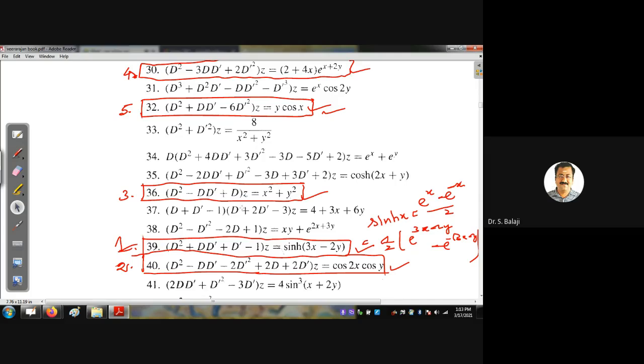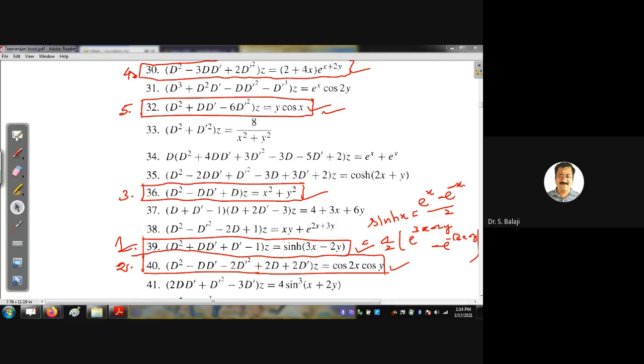In this particular integral, if you take D as a common element here, you can get 1 by D minus D dash plus 1. And for the third problem, you can proceed by algebraic polynomial here.